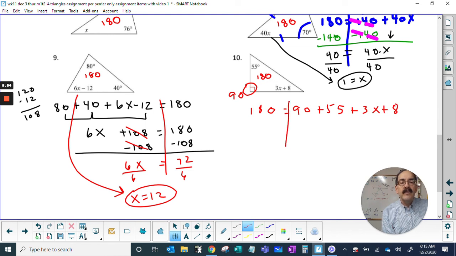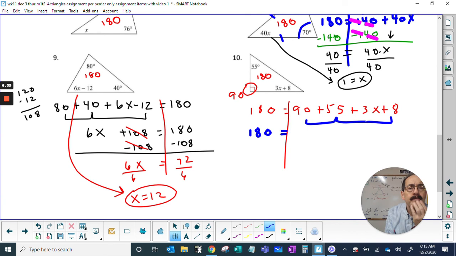Draw our fence. Going to combine some like terms. We have 180 is equal to 153. Yep, 153.